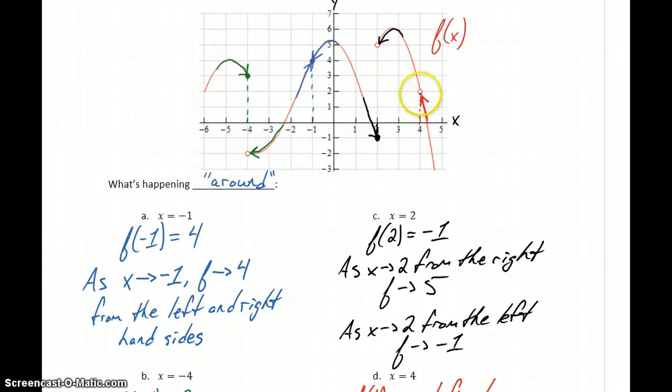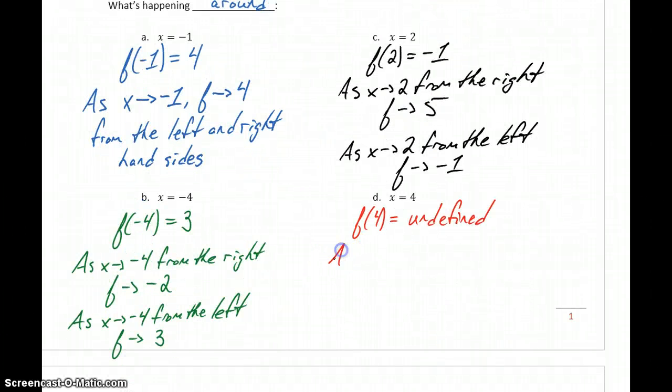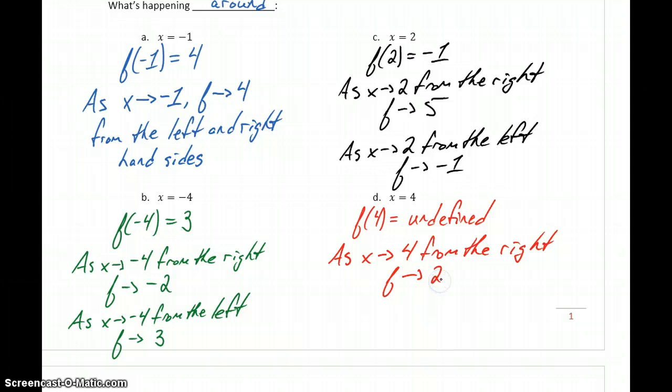Even though we never hit this value itself, we get closer and closer to a function value of 2. So as x approaches 4 from the right, our function value is approaching a value of 2.